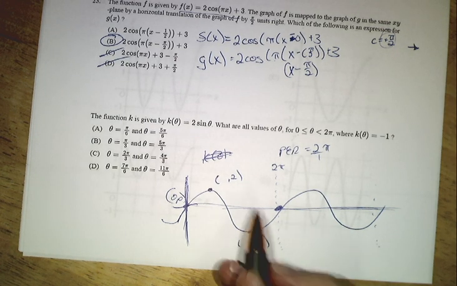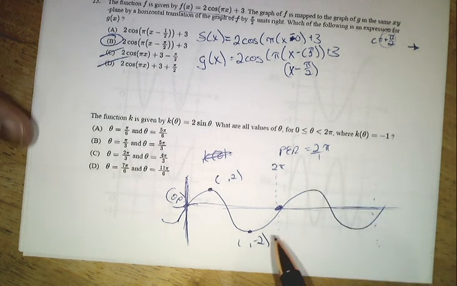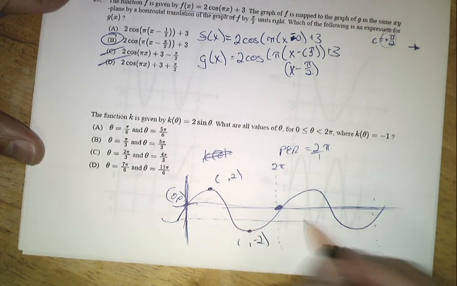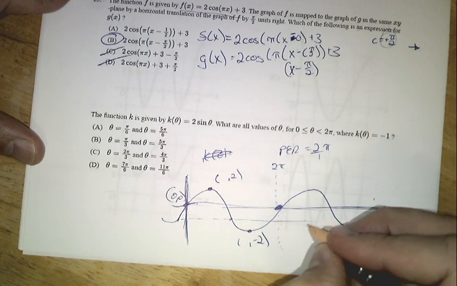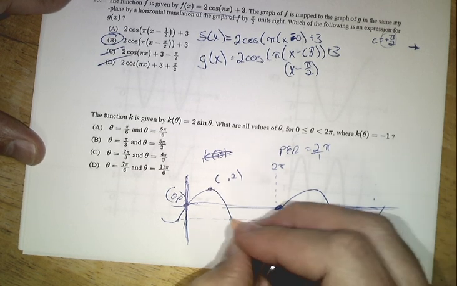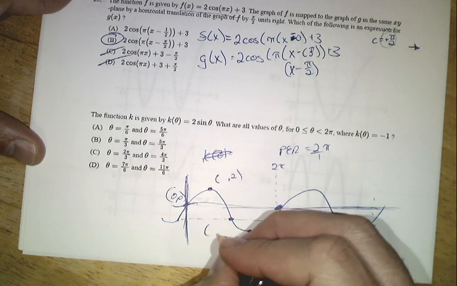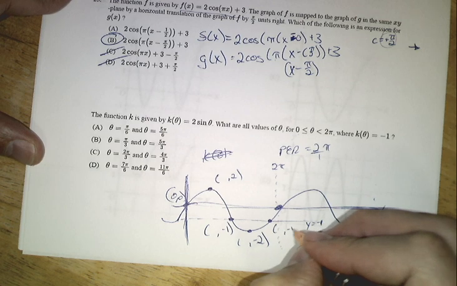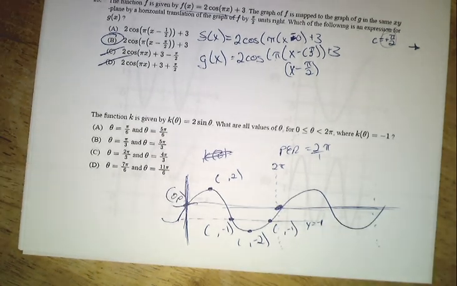And we want to know how many times it equals negative 1. So there is a spot here. This is y equals negative 1. And so we need to figure out what the x values are there and there.